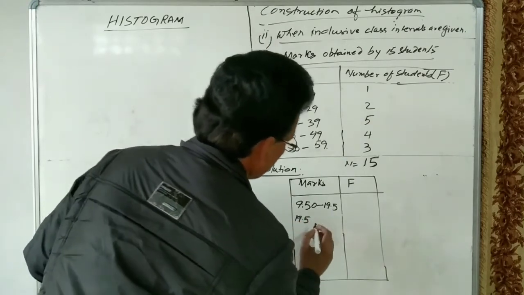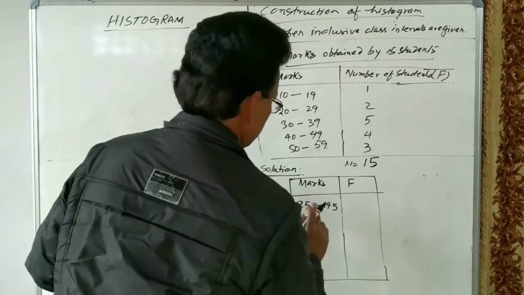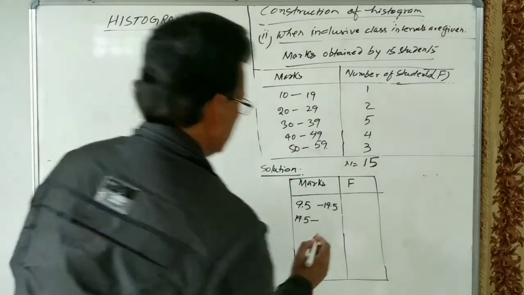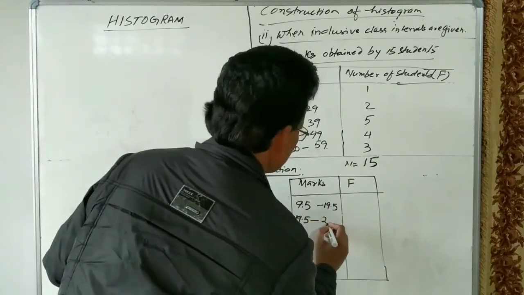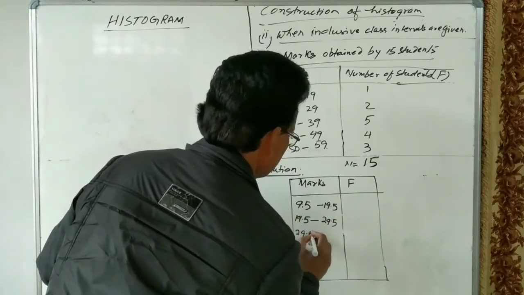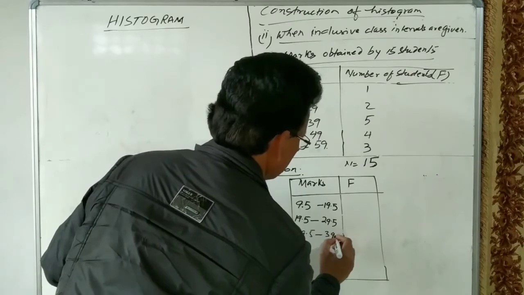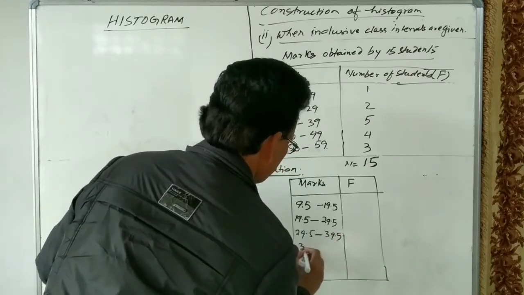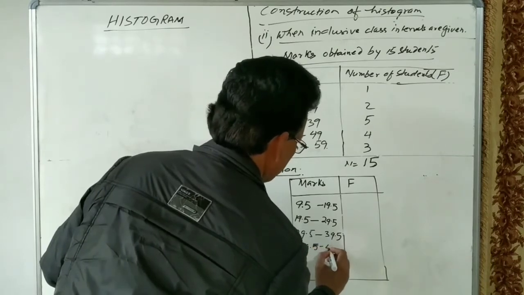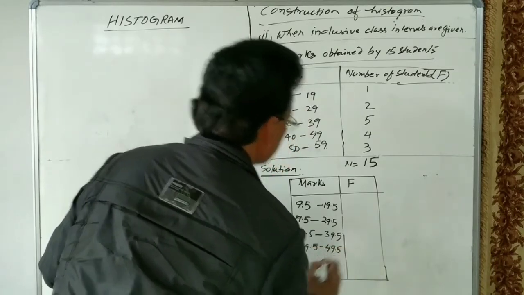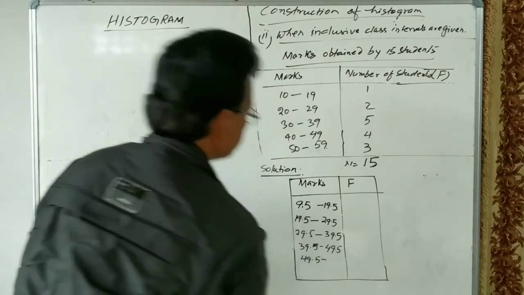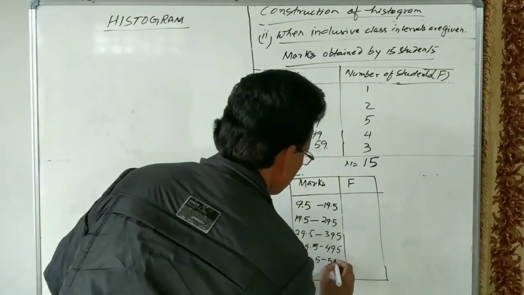Then 29.5, then 29.5 to 39.5, 39.5 to 49.5, then 49.5 to 59.5.